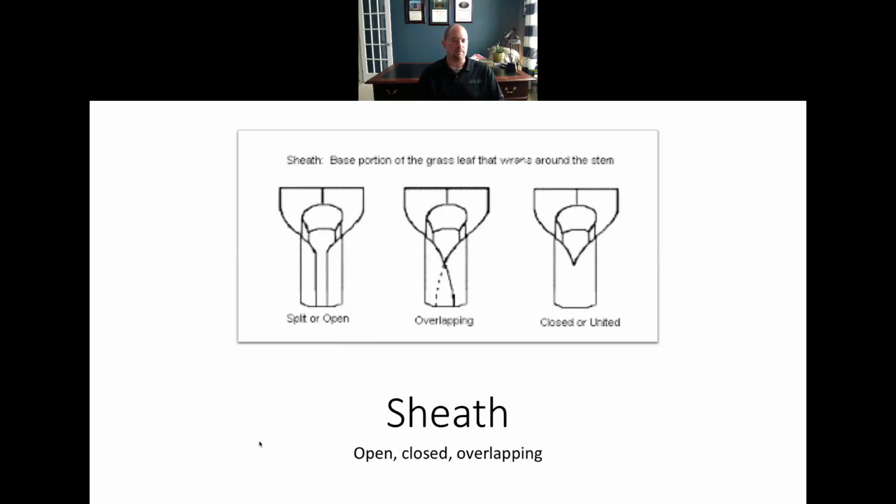So it can be split or open. It can overlap. It could be closed, so it may not necessarily look like anything, but it is in fact part of the leaf, which in grass would be the blade of grass. So it is a portion of the leaf that is still attached or wrapped around the stem on a grass plant.